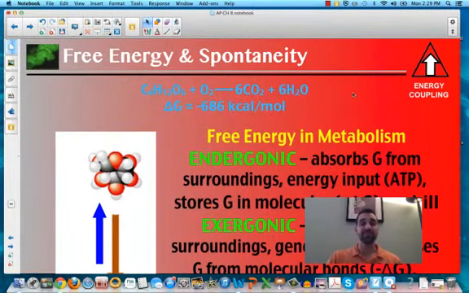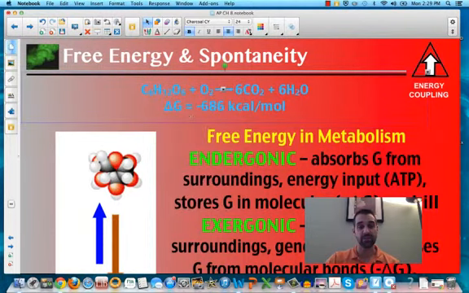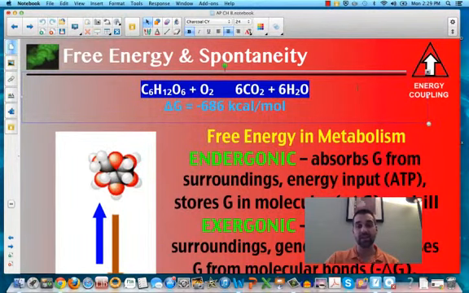Now, for example, this is going to be a reaction. We can see the delta G is negative. So this is, of course, glycolysis, or the breakdown of glucose. Actually, this is cellular respiration. Excuse me. This entire equation here is cellular respiration. Okay?